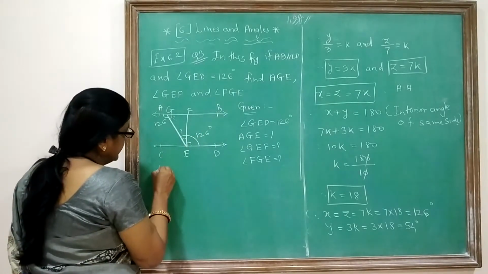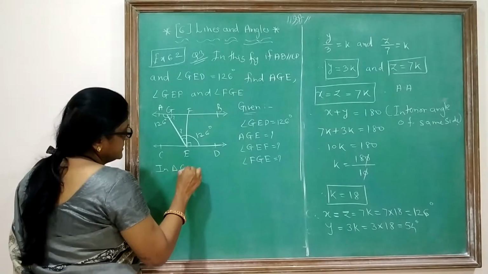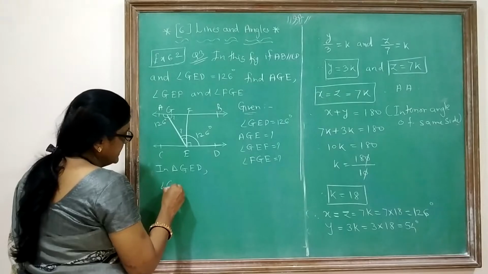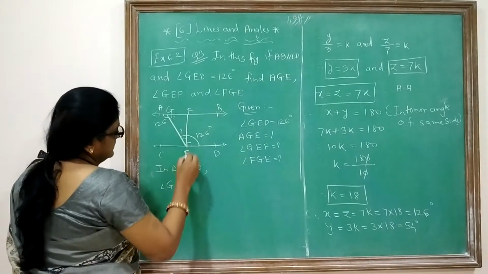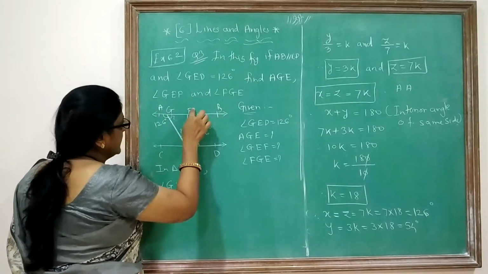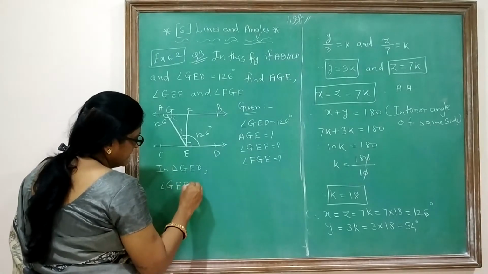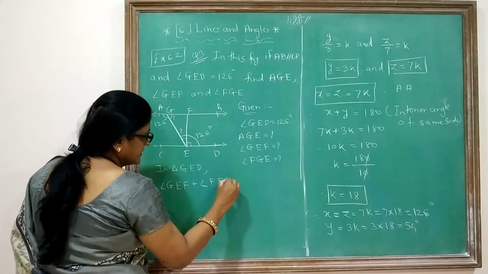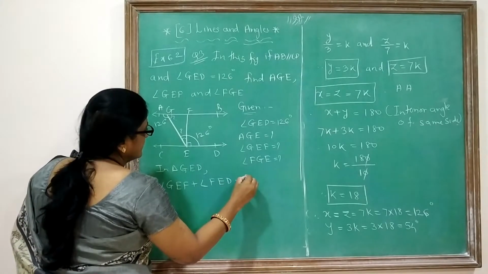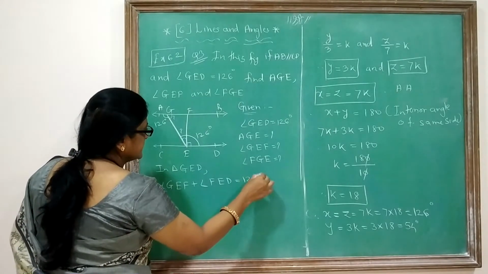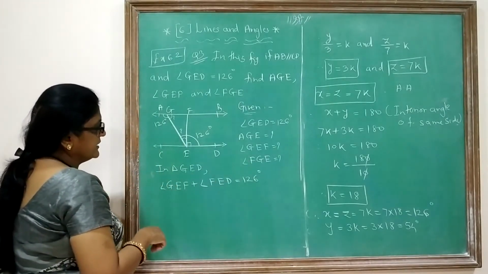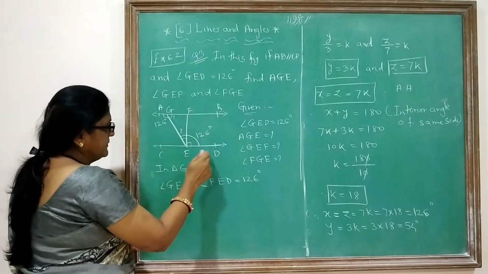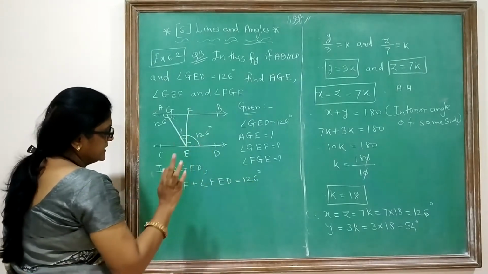Then you will write in triangle GED, angle GEF plus angle FED equal to what? 126 degree. Again you will see here GEF and FED, they are 126 degree.